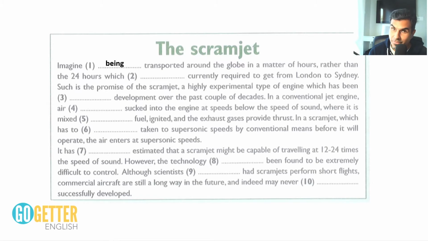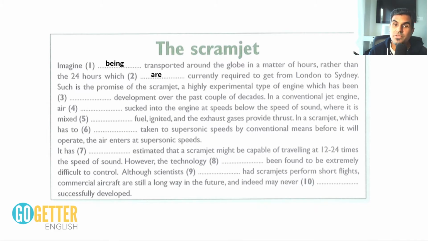But my dear people, we are talking about 24 hours, which is plural. So don't fall into that trap and try to put the verb to be in the correct person, all right? In this case, referring to plurals, all right? The 24 hours which are currently required to get from London to Sydney.